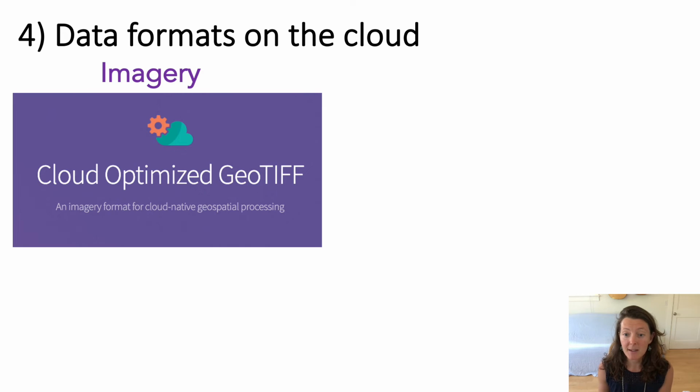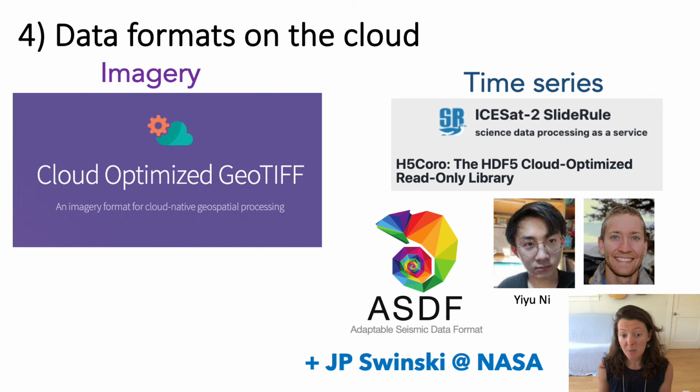And so NASA is spending a lot of time developing core tools to read H5 formats on the cloud. JP Dwinsky is a software engineer at NASA who rewrote the H5 library to optimally read H5 files, or bits of the H5 files, on S3 through the ICESat-2 projects.